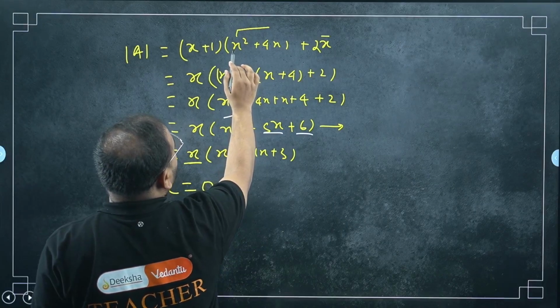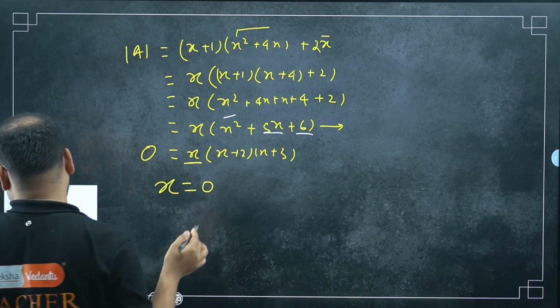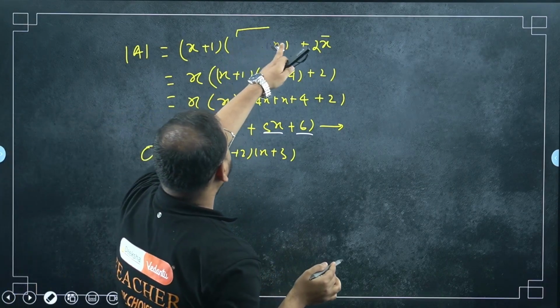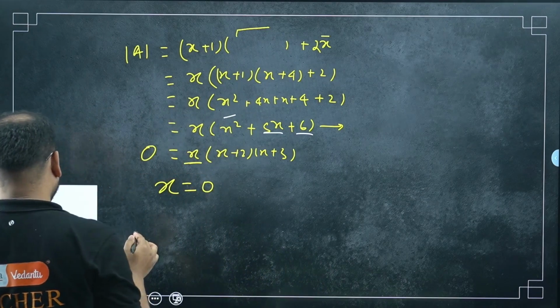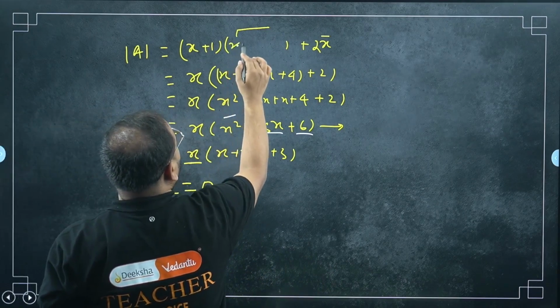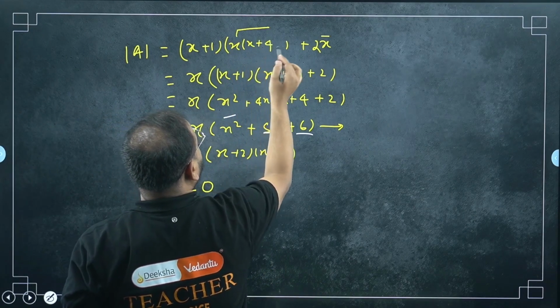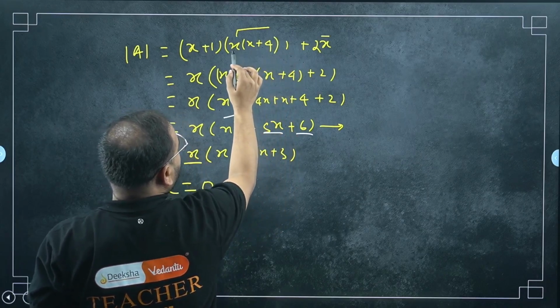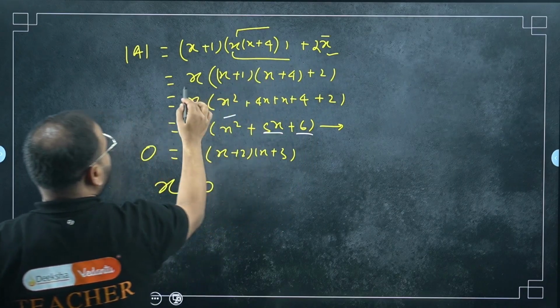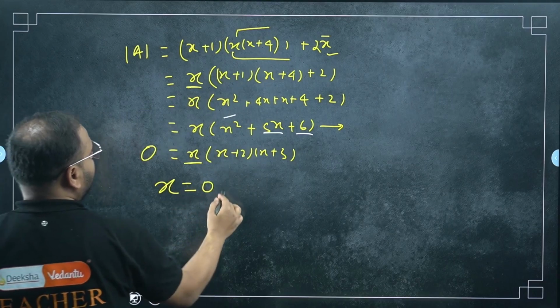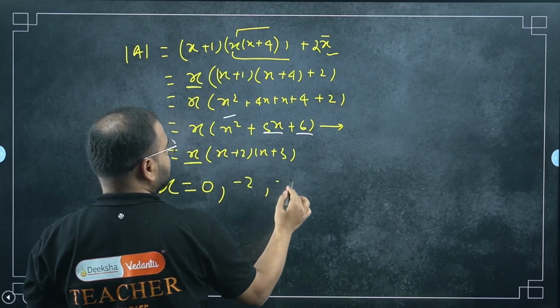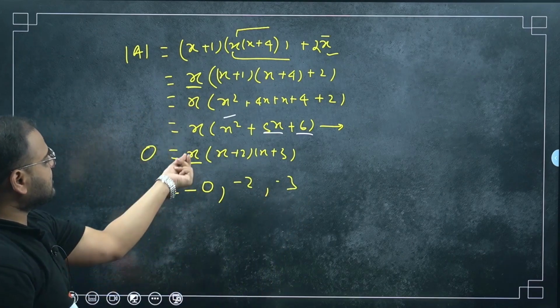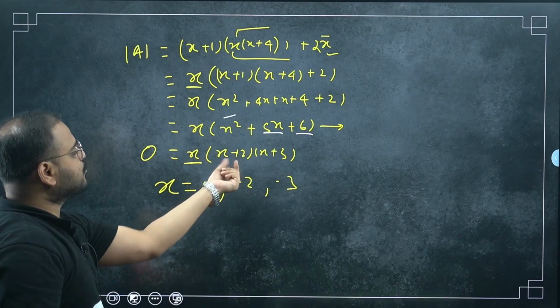I can rewrite this simply as x times x plus 4. So I can take this x common here and here. That's what is taken here. So now x is 0. One element will be minus 2, other will be minus 3. What is the meaning of this, sir? If I put x as 0, the whole thing is 0. x as minus 2, the whole thing is 0.